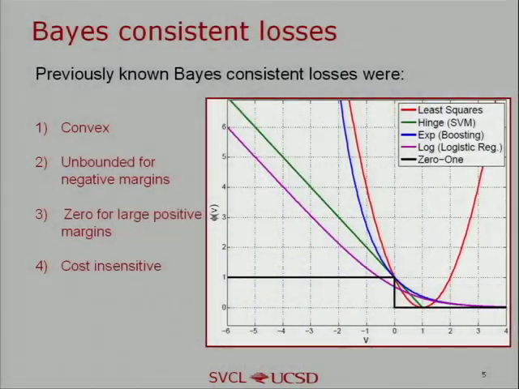So the red line is the square loss, right? You can see that it penalizes being correct almost as much as it penalizes being wrong because of its symmetry. It's just x squared. So it's never used for classification.